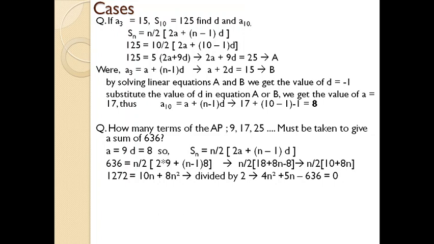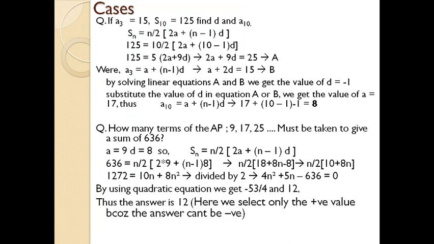It's in quadratic form. So by using the basic quadratic equation, you will get the values minus 53 by 4 and 12. Here the question was how many numbers have to be there in that series so that the sum of all those numbers gives 636.